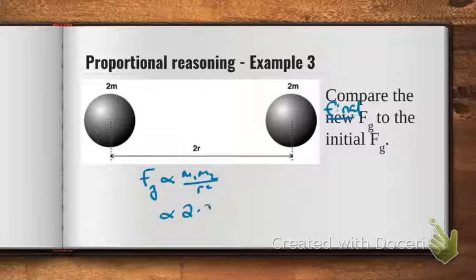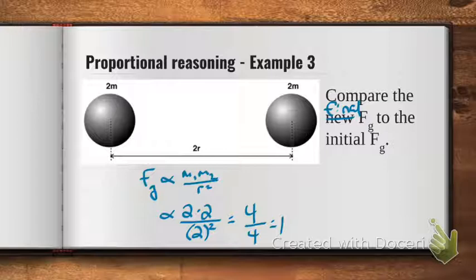New coefficient of the second mass is 2. And we are going to double the radius. So we end up with 4 over 4, which means 1. So in this case, if I'm going to compare these two things, I can say that there is no change, that the force of gravity final is equal to the force of gravity initial.